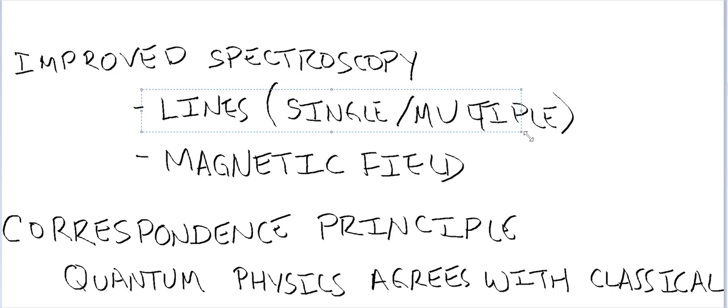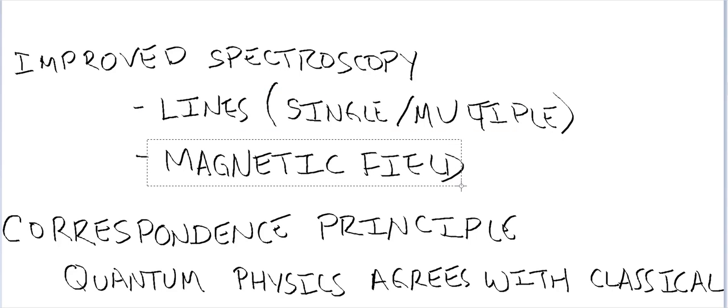And that isn't explained simply in the Bohr model. Additionally, you see some Zeeman splitting where upon application of a magnetic field, a single line might be split into 3 separate lines that are all closely neighboring each other.